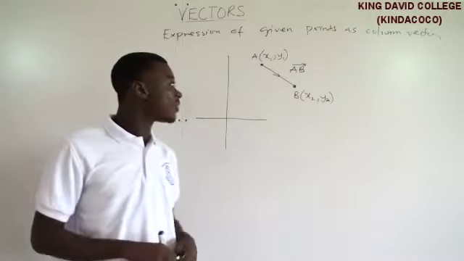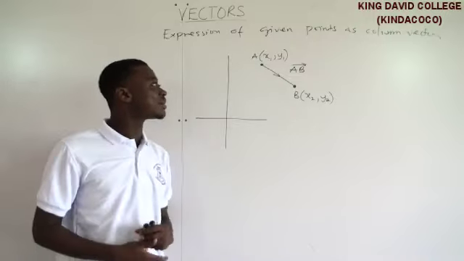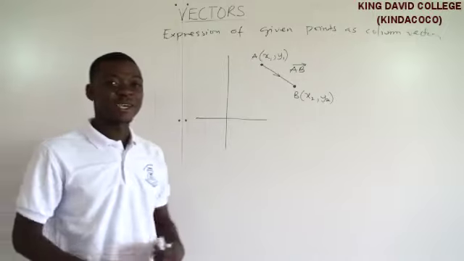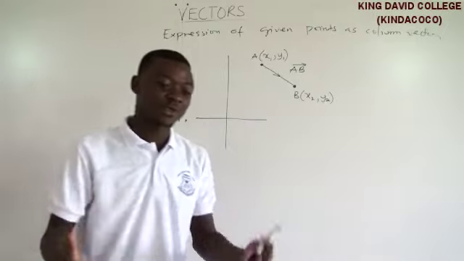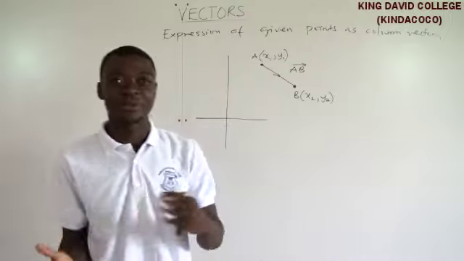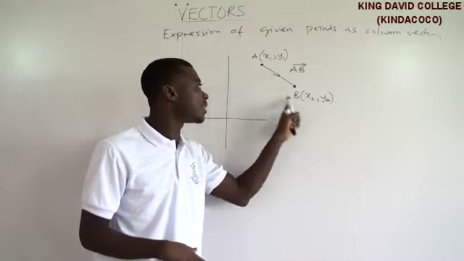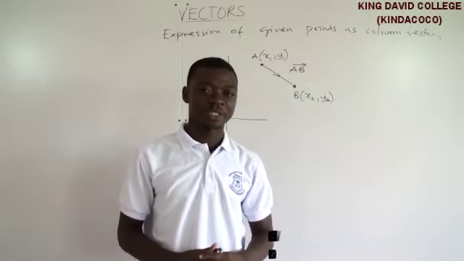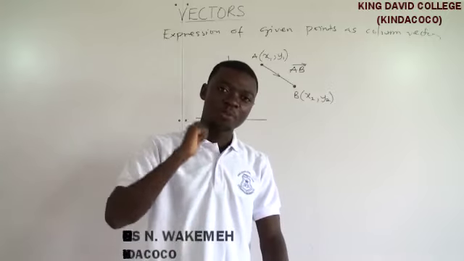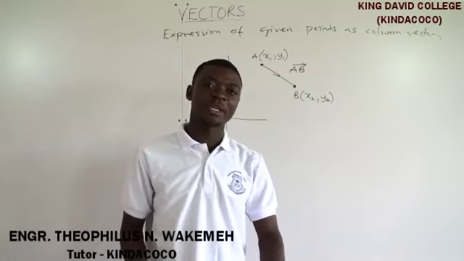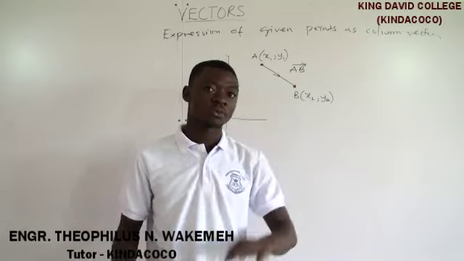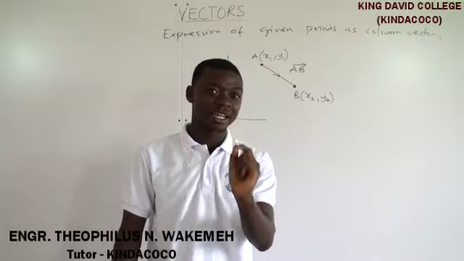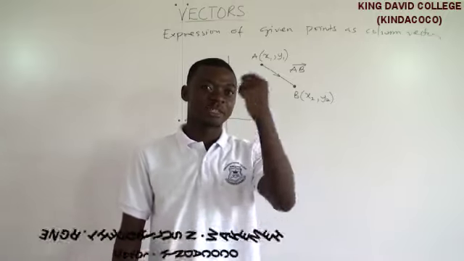Good. Now if I'm given something like this, how do I do it? In the initial stages, we were already given the vectors, and so we were happy doing whatever we wanted with them. This time around, we are given the two points and asked to find a specific vector that links the two points. Now, every point on the Cartesian plane is treated as though it is a vector linking the origin.